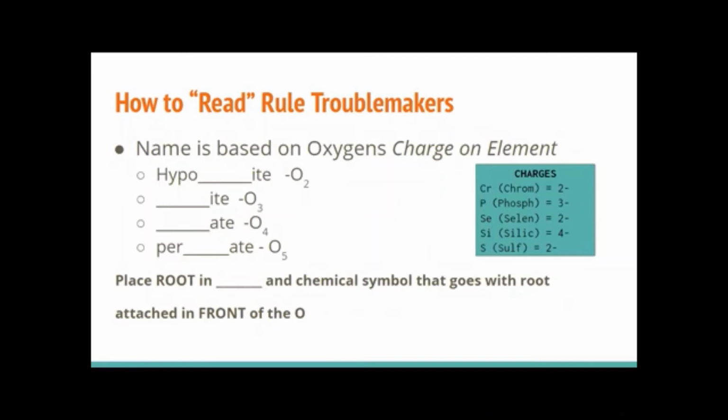You're going to place the root wherever the blanks are. You add the chemical symbol that goes with the root in front of the O, and then the charge is based on your element. So Cr or chrome has 2 minus, P or phos has 3 minus, Se or selen has 2 minus, Si or silic has 4 minus, S or sulf has 2 minus.